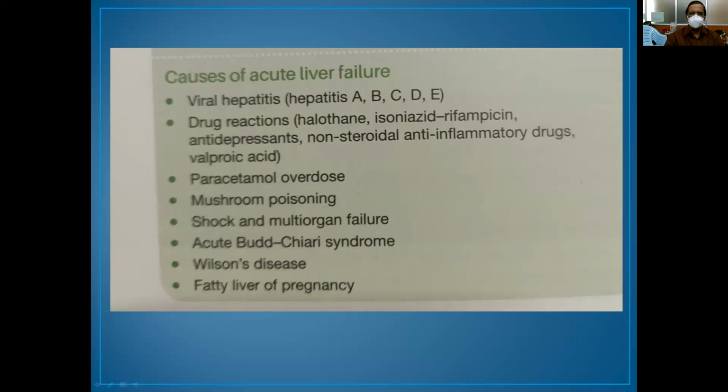If you give even a single dose, some patients develop acute liver failure. And another thing is valproic acid and paracetamol overdose.